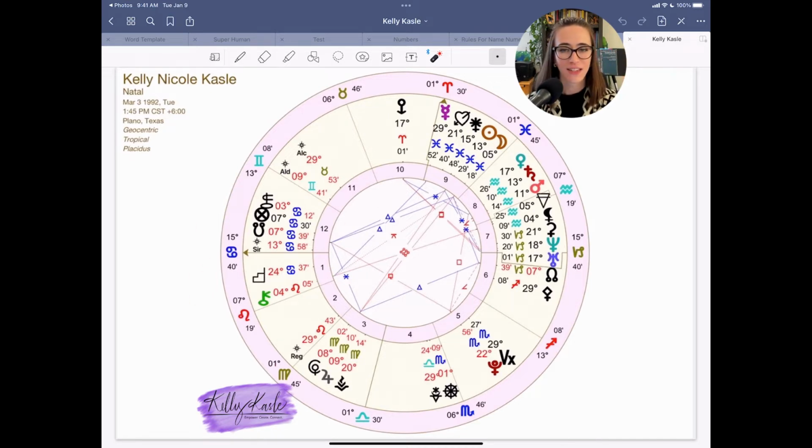Your rising sign is what some people call your first impression, what people might first think of you. It's also a mask that we can wear. That's not like the core of our being, but it's certainly a big layer of our personality. It can rule oftentimes who we're attracted to. Often you're attracted to someone who has the same rising, or you're friends with someone who has the same rising.